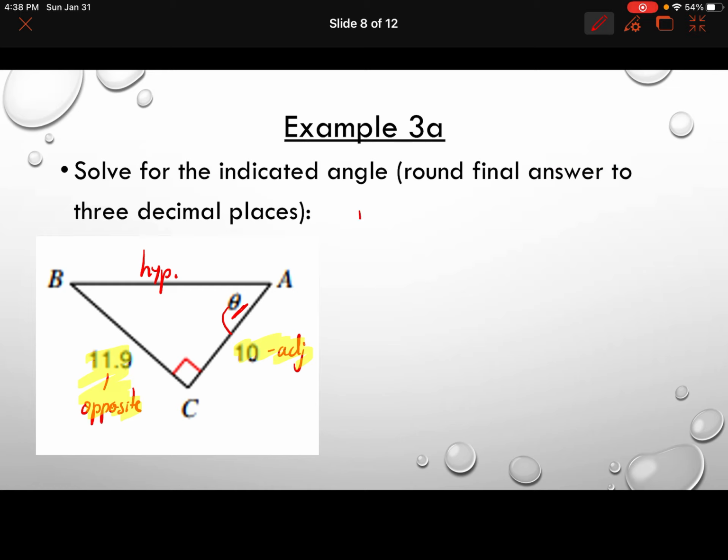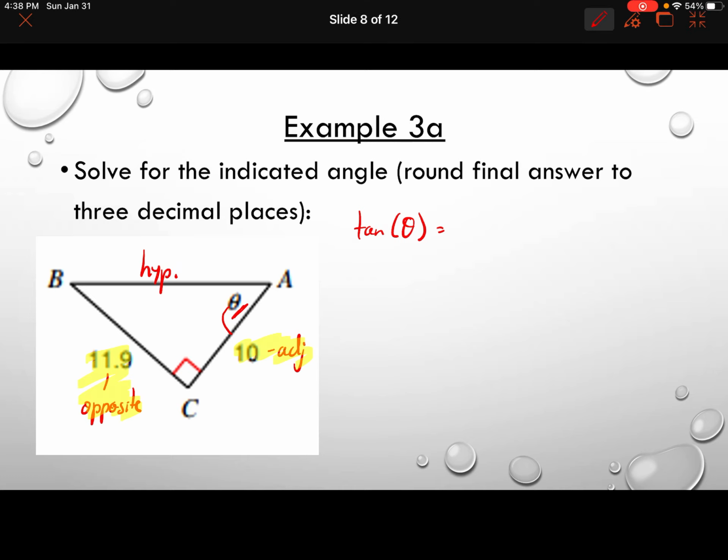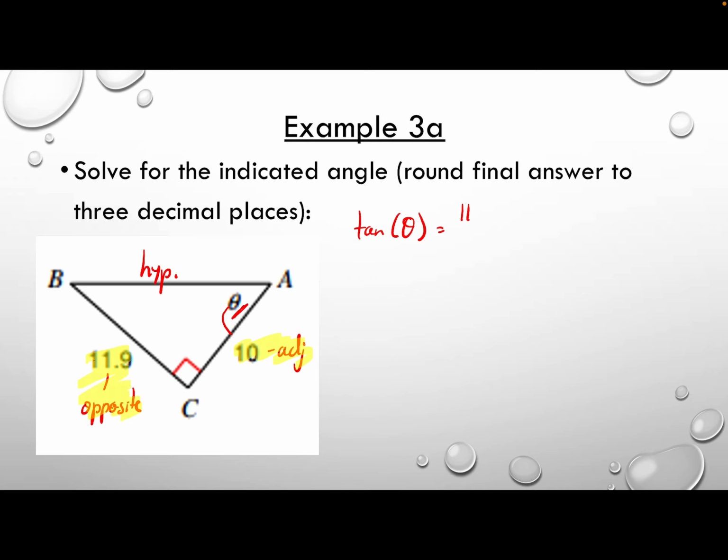So tangent, what is our angle? We looked at theta when determining which one was opposite and which was adjacent. That is the angle that we're taking tangent of. So that's going to be equal to opposite over adjacent, so 11.9 over 10.